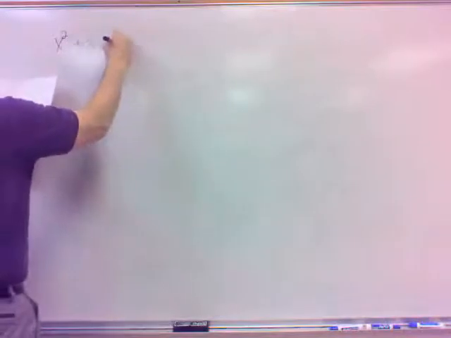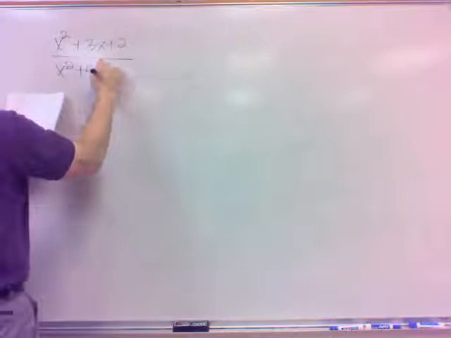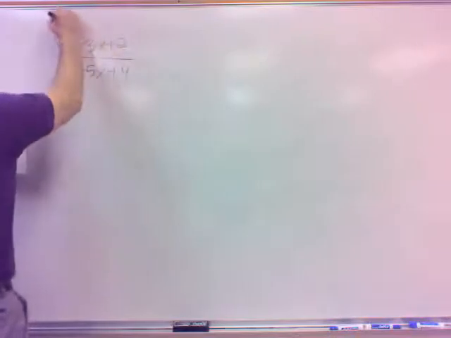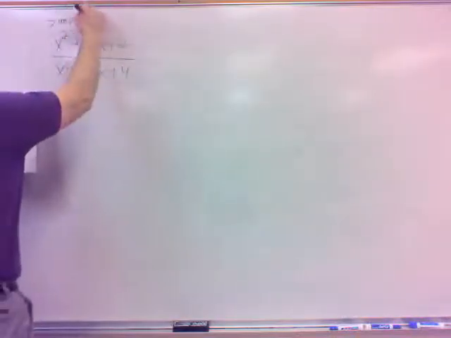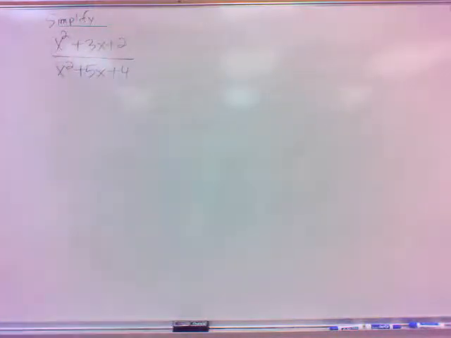All right. So knowing that, let's talk about some others. X squared plus 3x plus 2 over x squared plus 5x plus 4. I'm talking about simplifying these. Again, I can't cancel those x squareds and so forth.